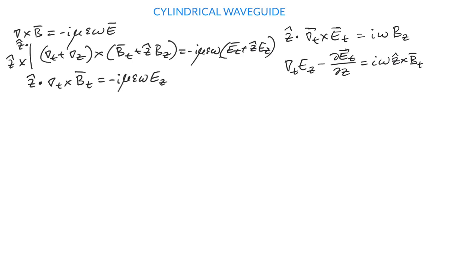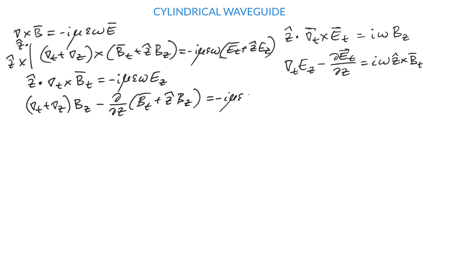And when I cross with z, I find (del_t plus del_z) B_z minus d by dz of (B_t plus z B_z). The right-hand side is minus i mu epsilon omega z crossed with E_t. Now the axial part has dropped out.